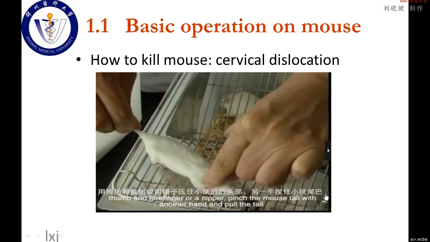And in order to reduce the pain of the mouse and meet the requirements of animal ethics, you should learn how to kill them correctly.